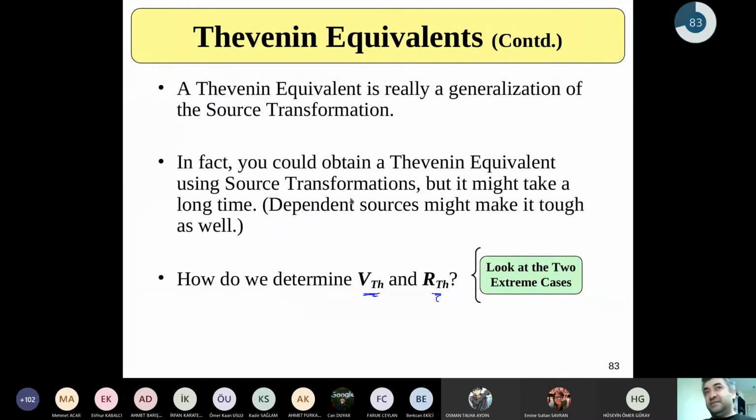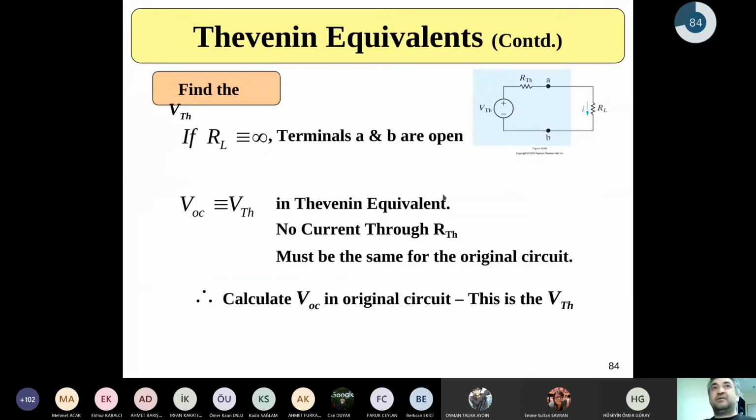But there are easier ways. One way is to assume this formation and, instead of RL, use the extreme values. The first extreme value is the open circuit version, meaning that RL is equal to infinity.